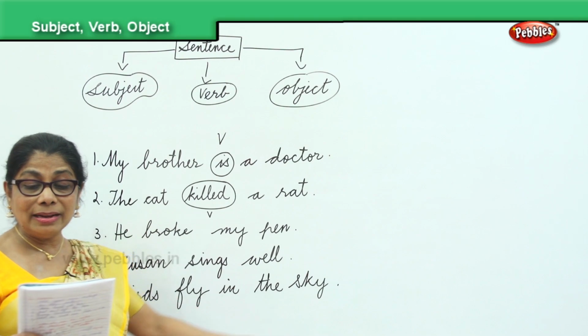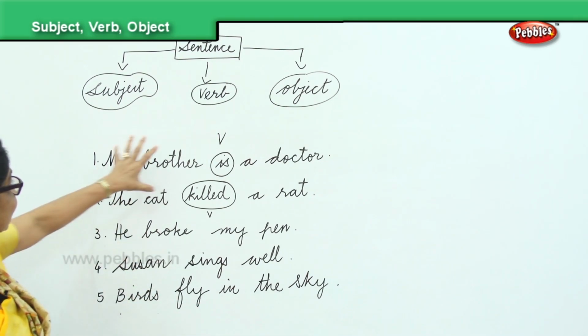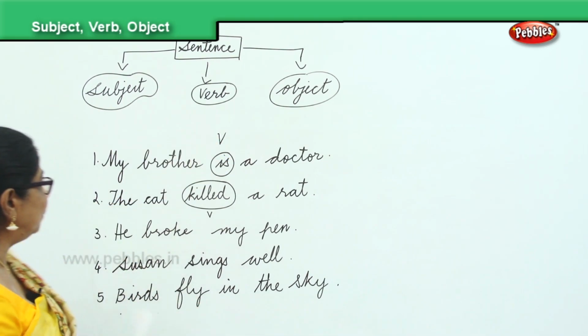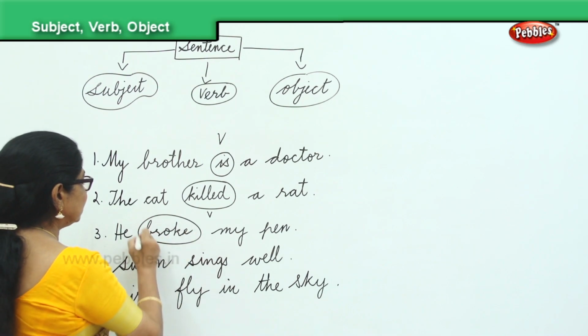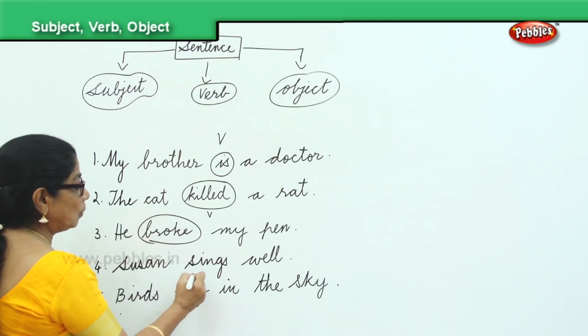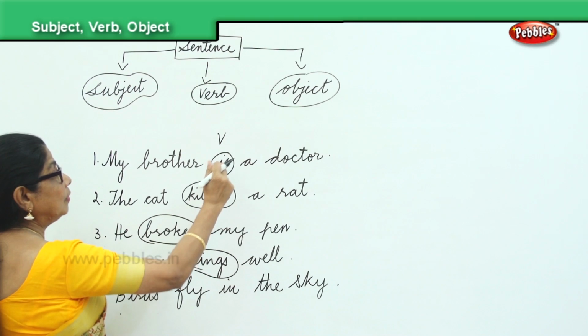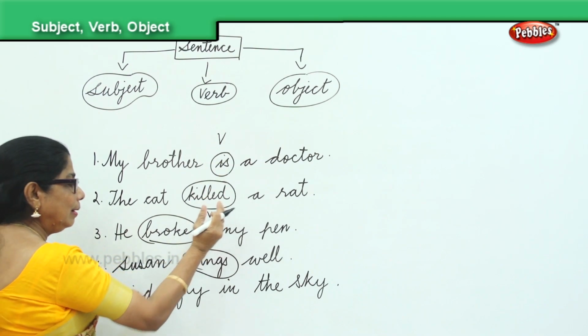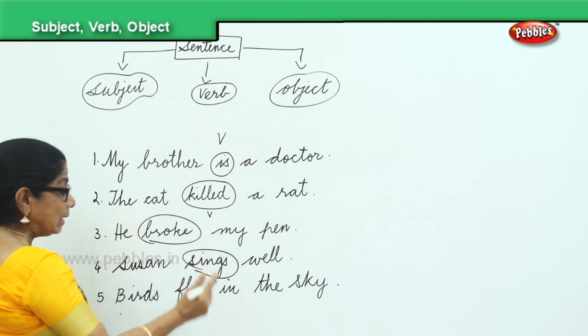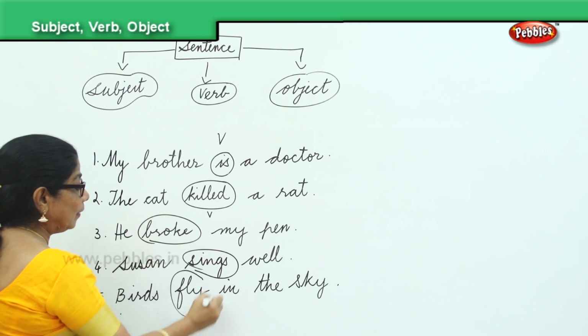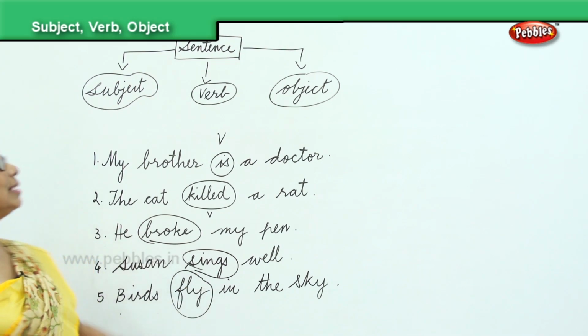So now you have learned to identify the subject and the verb. Where is the verb here? Susan sings. How does she sing? Well. You have the verb is, the verb killed, the verb broke, the verb sings, and here the verb fly. Now, where is the subject?